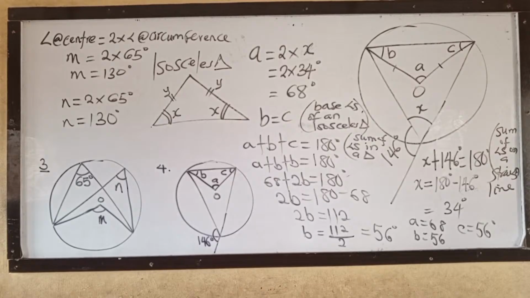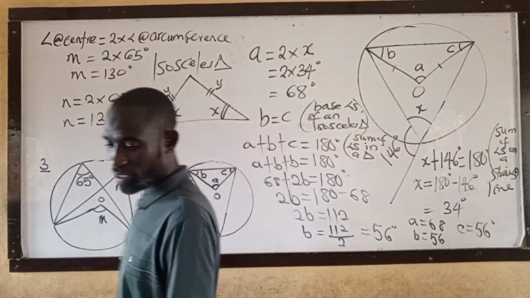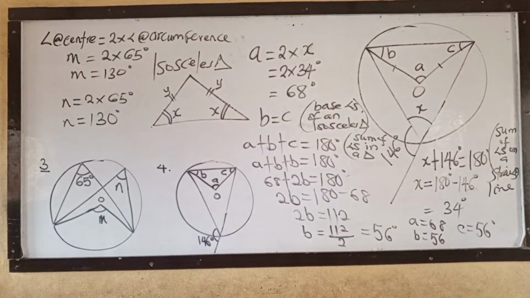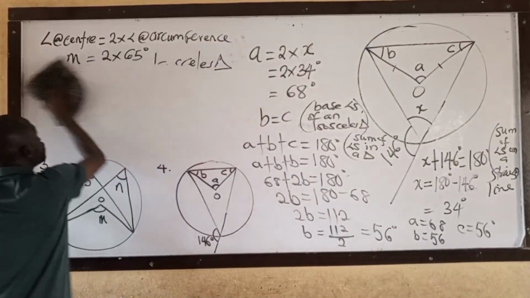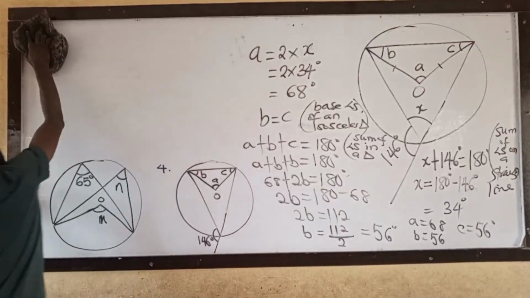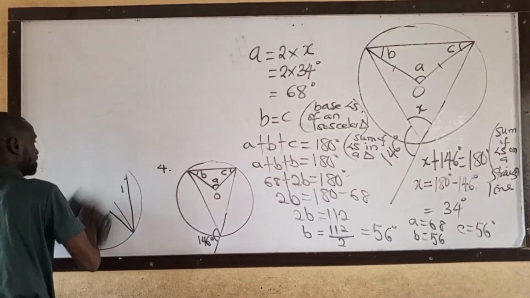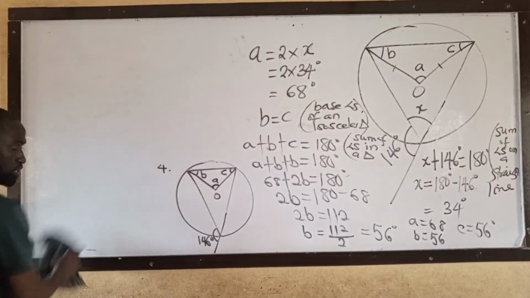Alright, so let's go to the next theorem. Theorem 2 is angles in the same segment. I'm going to give you 4 theorems today, but I just picked some questions from there.